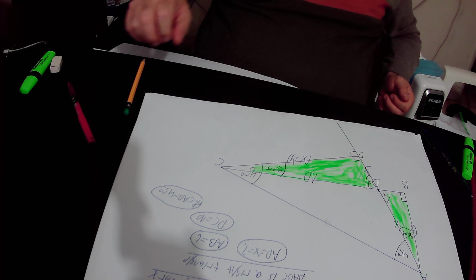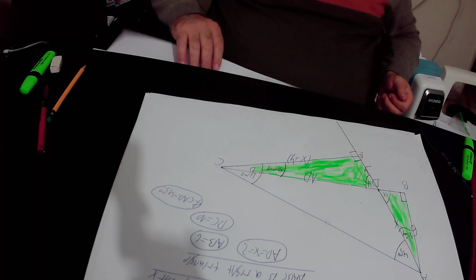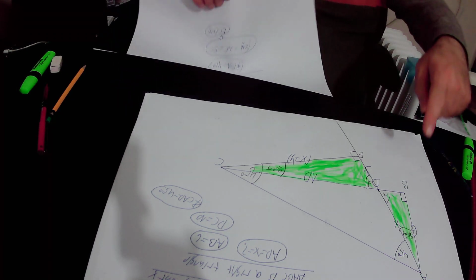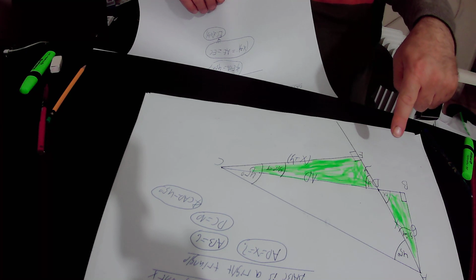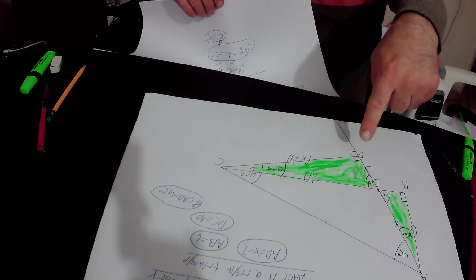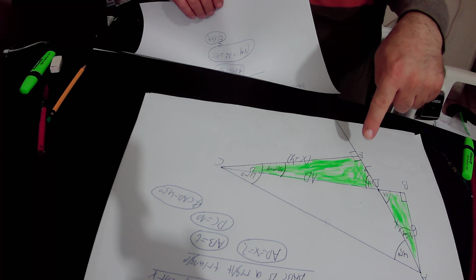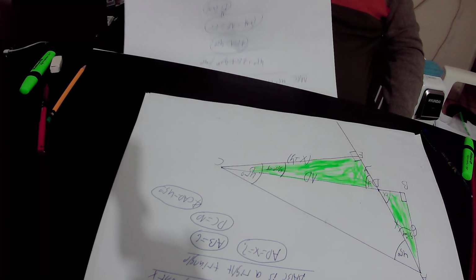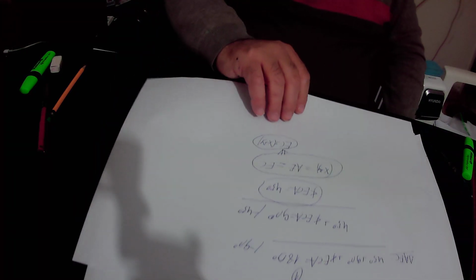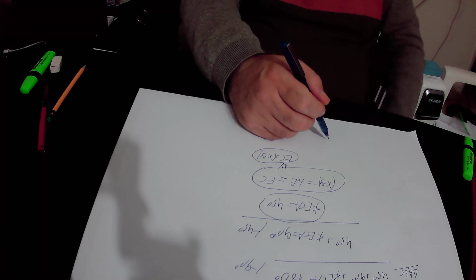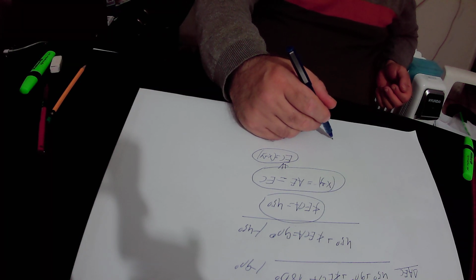So therefore, we can conclude that the right triangle ABD, the right green triangle ABD, is similar to the right triangle EDC according to the angle similarity rule. Okay? I'll write it down.